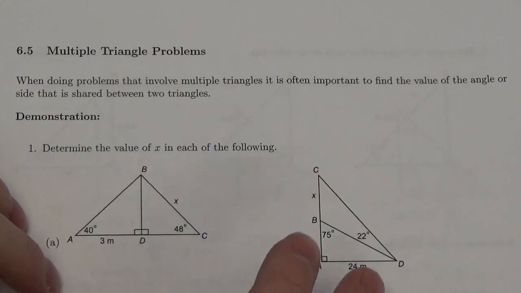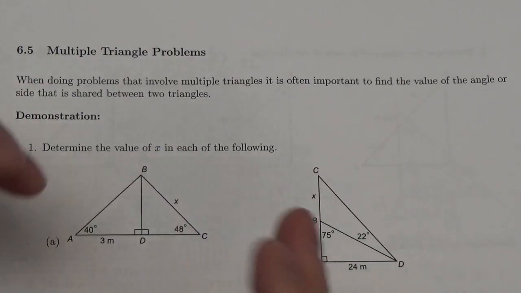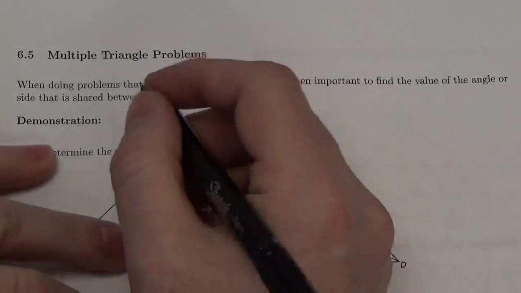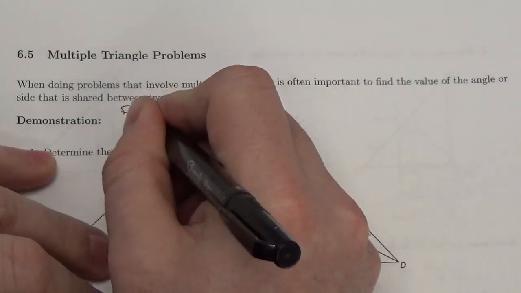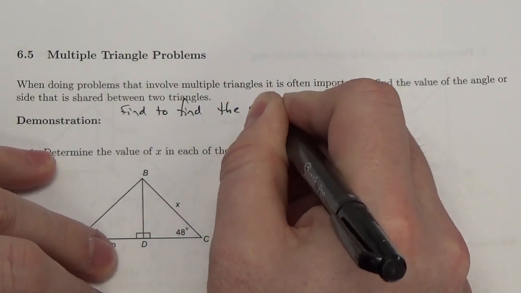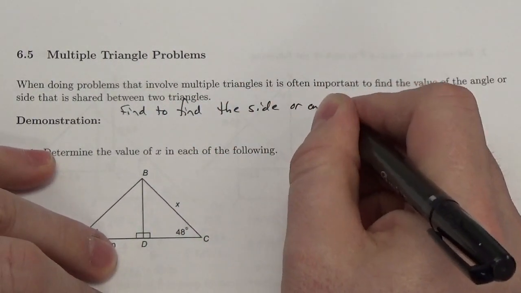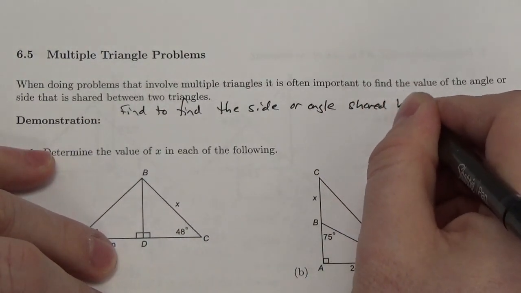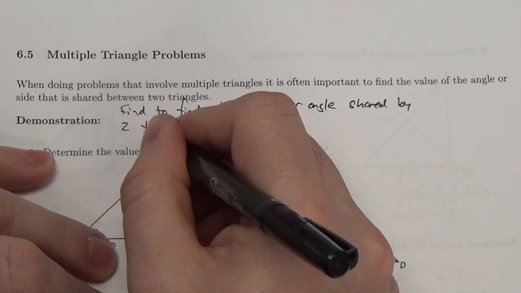But the one little bit of advice that I can give you, and this isn't true for all problems, but it's true for a lot of them, is that you want to find the side or angle, because it really could be either, shared by two triangles.